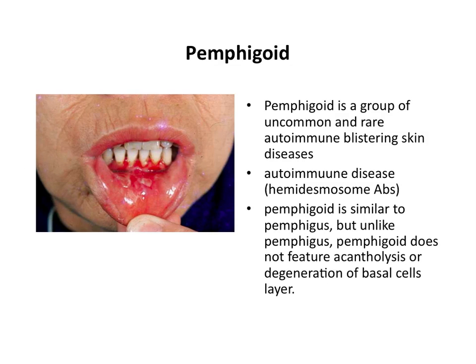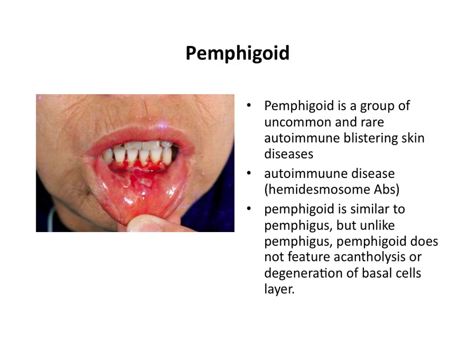Pemphigoid is a different version of the same. It's very uncommon, just like pemphigus, a blistering skin disease, and in this disease the autoimmune response is against hemidesmosomes.